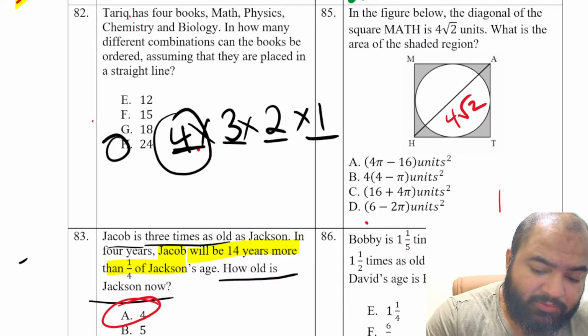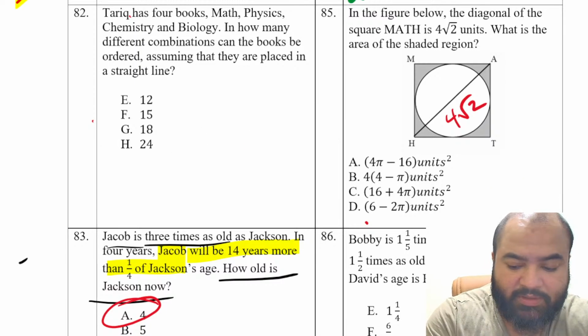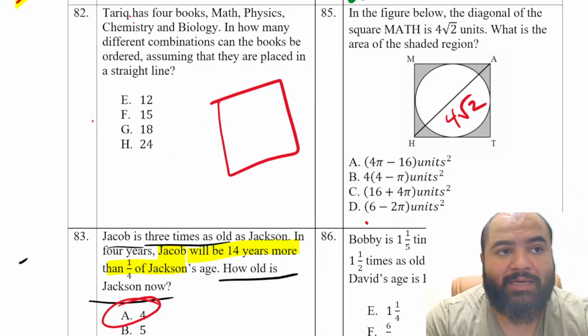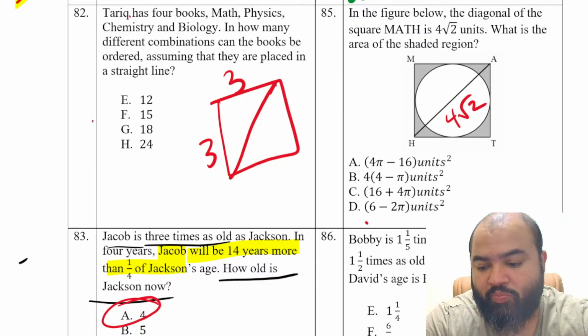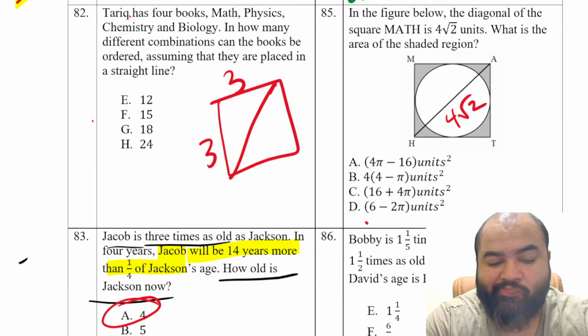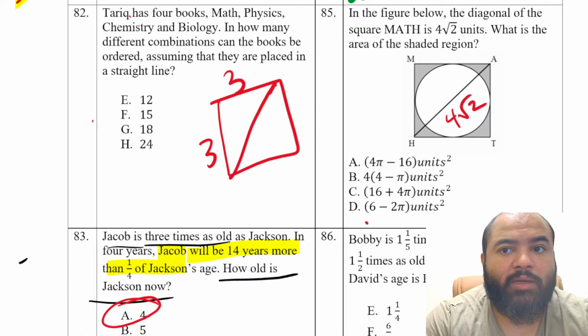So let me remind you, if you have a square, each side is 3 by 3. What is the diagonal? That's right. Very good.